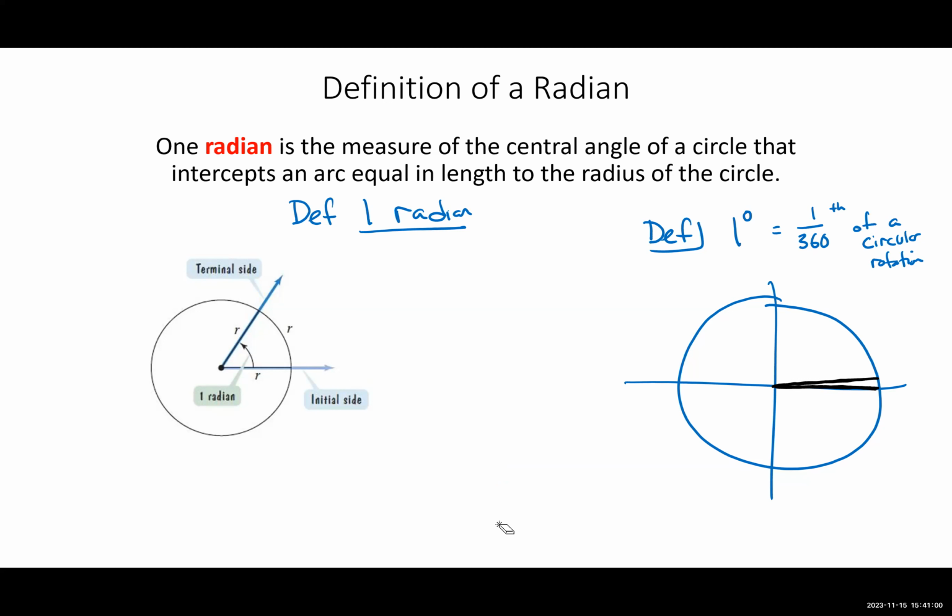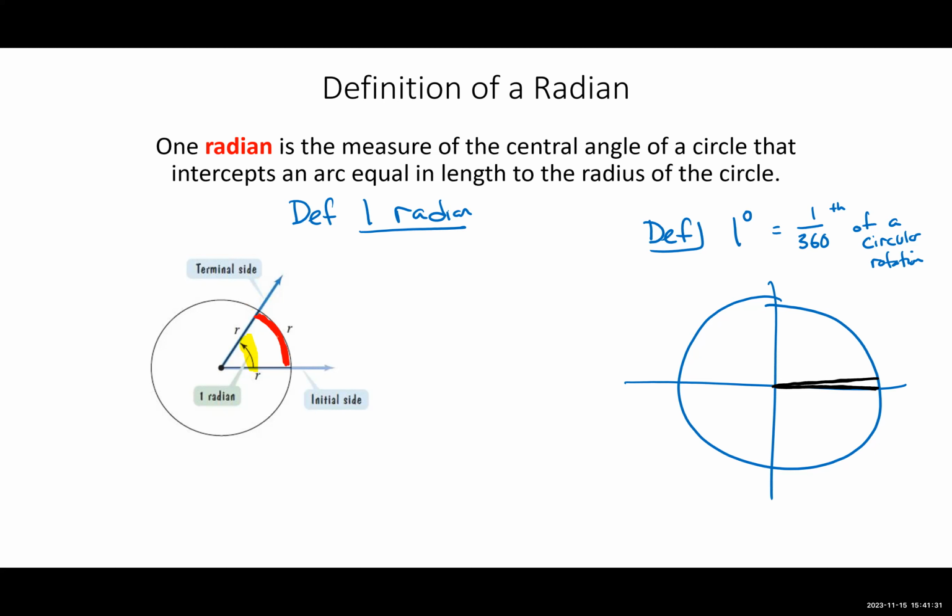The definition of 1 radian is the angle, this angle right here that I just highlighted in yellow, that sweeps out a part of the circle. This is the arc, what I just made red.